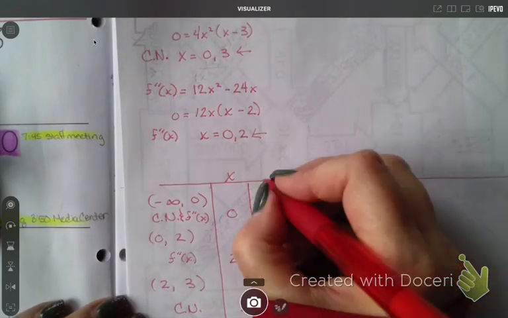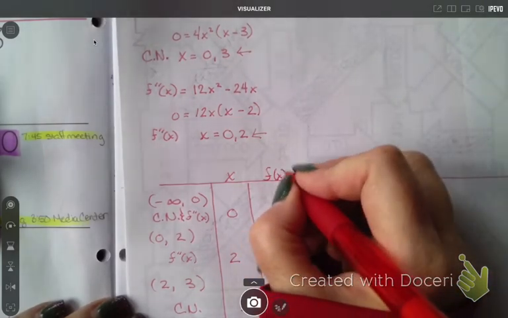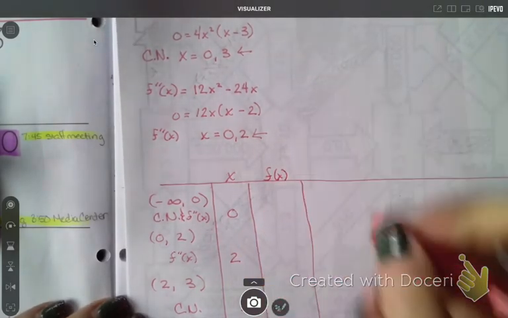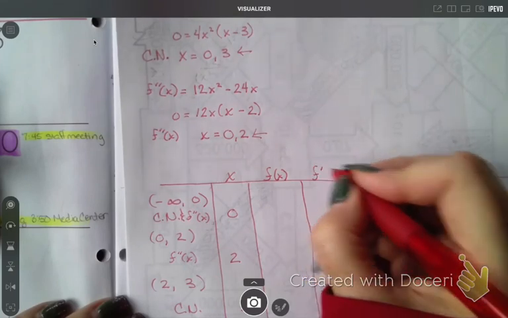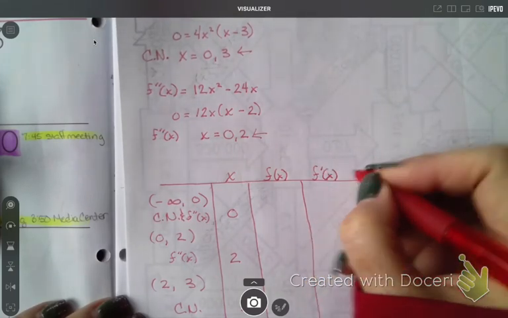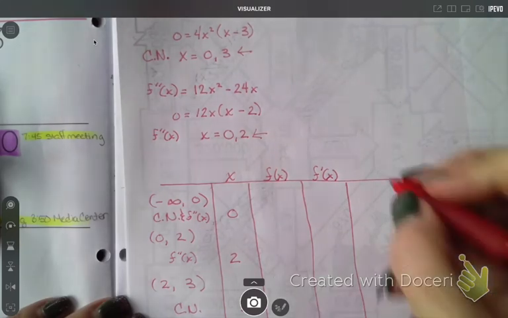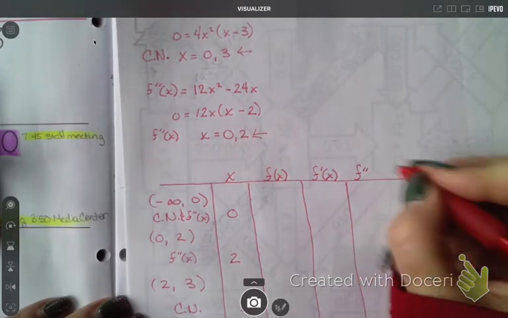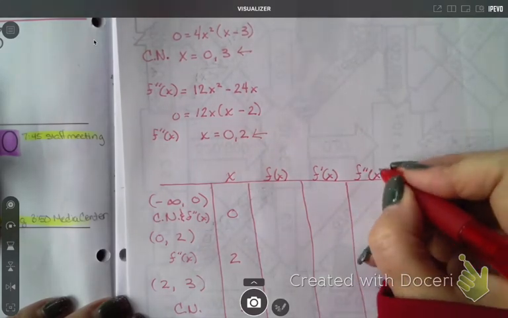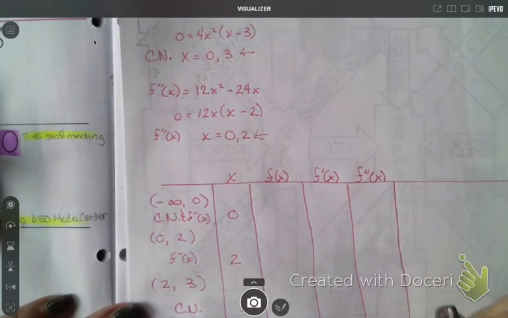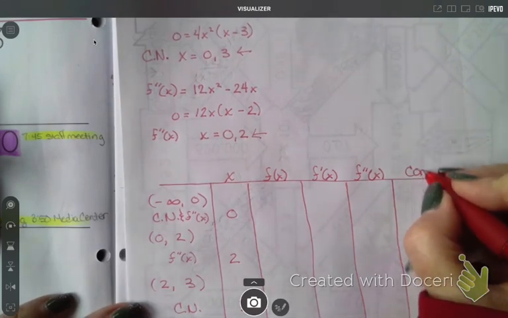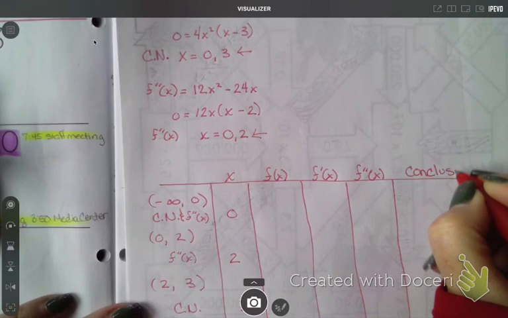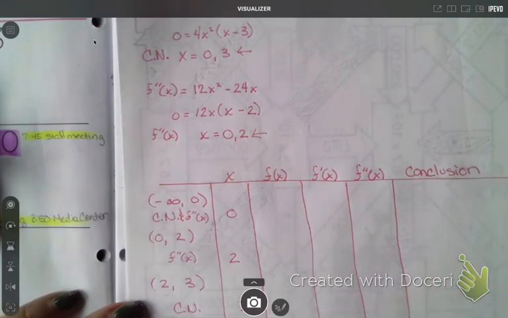And I would go through and do f of x, first derivative, second derivative, and then make it what? Make sense?